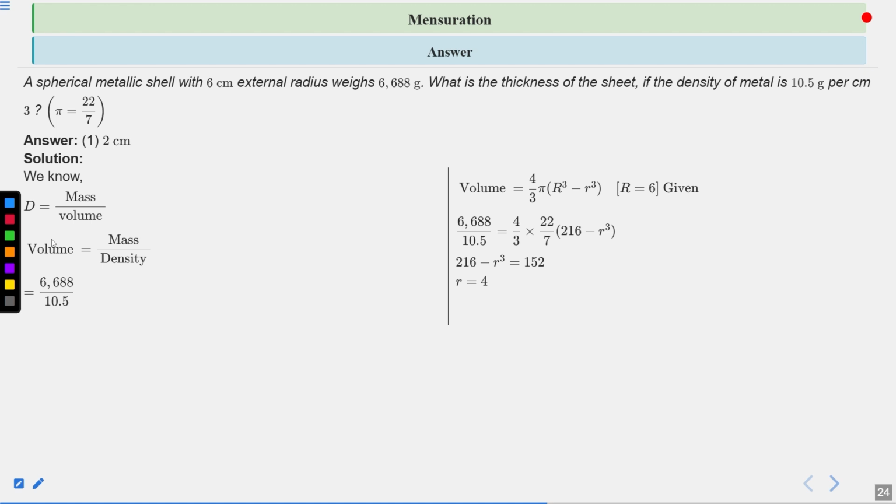So we get the radius, which is 4 centimeter. Now we can calculate the thickness, because we have the external radius, which is 6 centimeter, and internal radius 4 centimeter. So the thickness will be capital R minus small r, so 6 minus 4 becomes 2 centimeter. So the first one is the correct answer of this question. Next one.